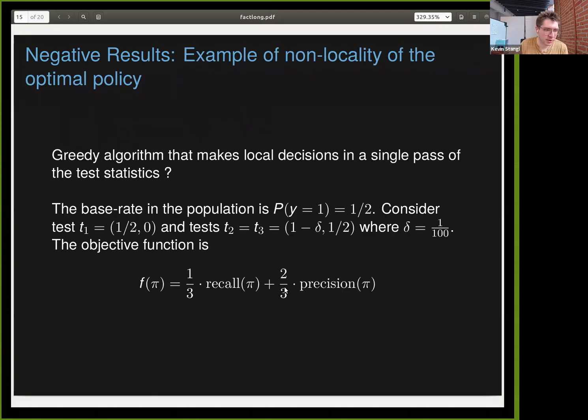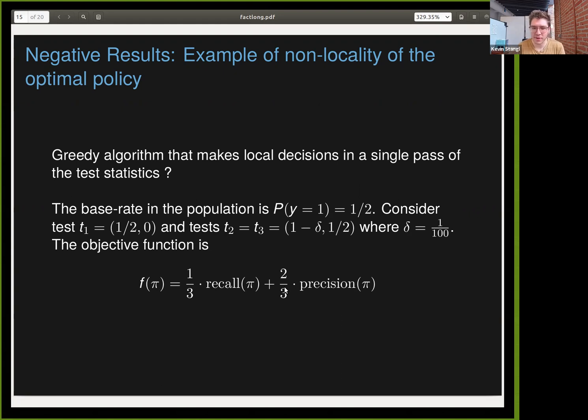Another algorithmic approach that I thought would happen, for a linear combination, is that there'd be some quantity you compute as a function of each test, like how much gain you get from using it in terms of the false positive and true positive rate, and then the optimal algorithm would just zoom through the tests. It would say, this test helped my true positive rate this much, and it decreased my false positive rate this much, therefore I use it.